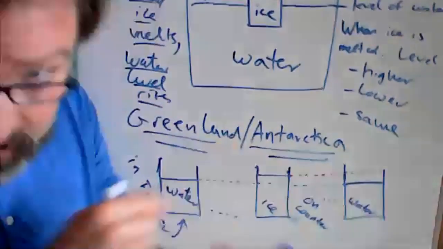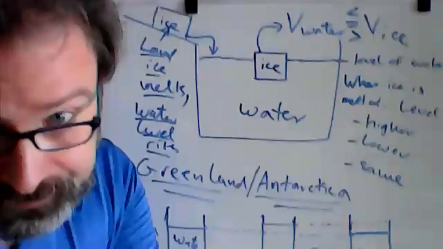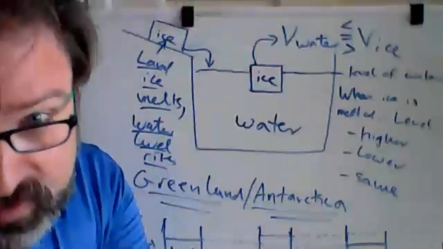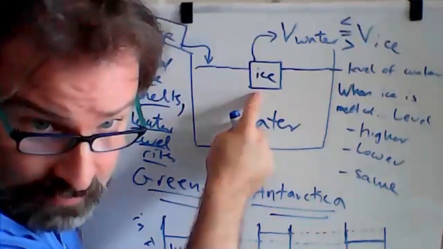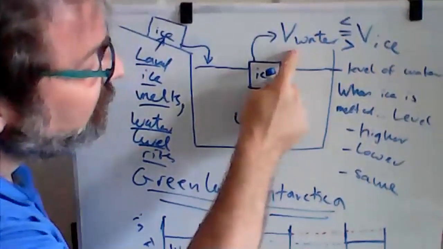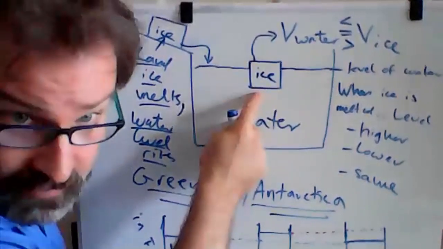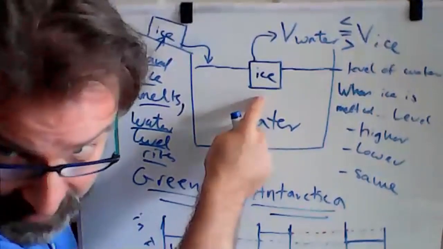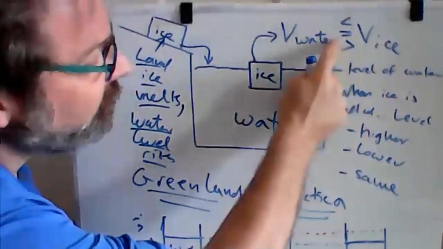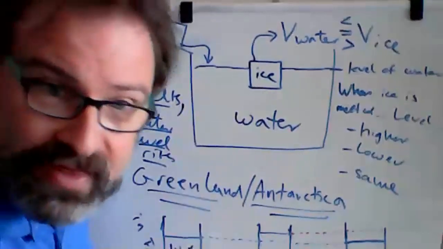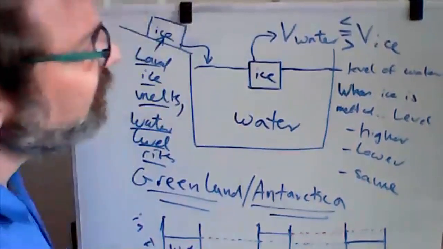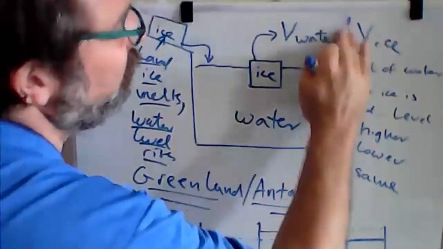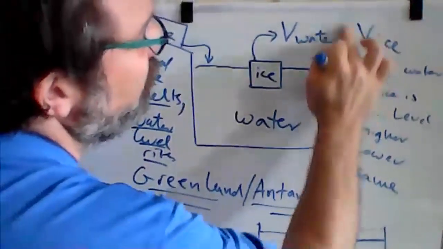Make sense? So let's come back to our picture up here. Let's think about that ice cube. Our ice cube is melting, and the question was, will the volume of water that the ice cube melts into be smaller, equal to, or greater than the volume of ice that we had? It'll be smaller, exactly. So we can replace this now with a smaller sign.